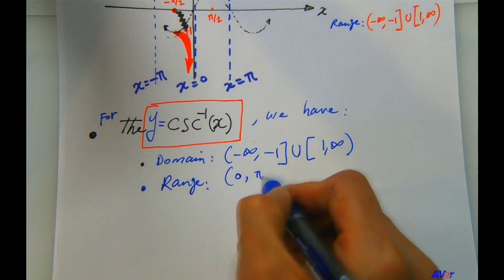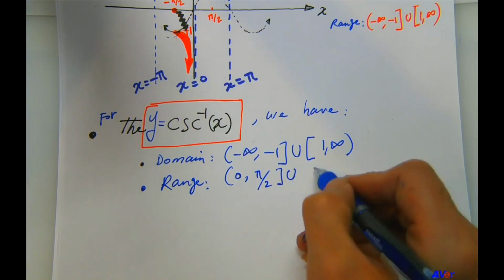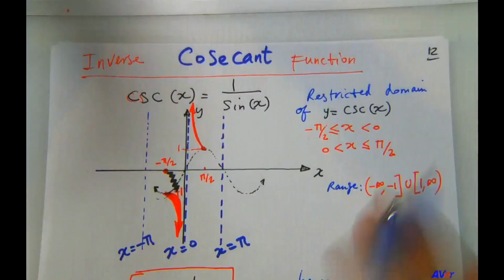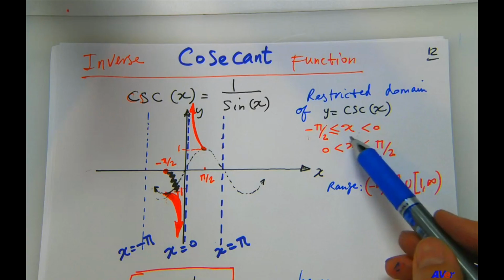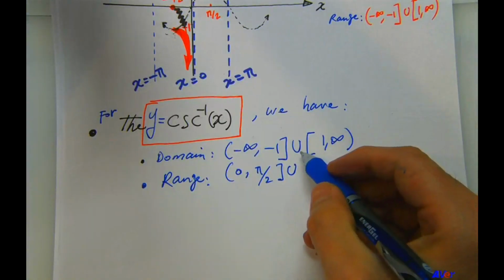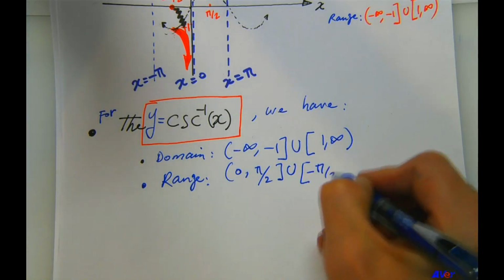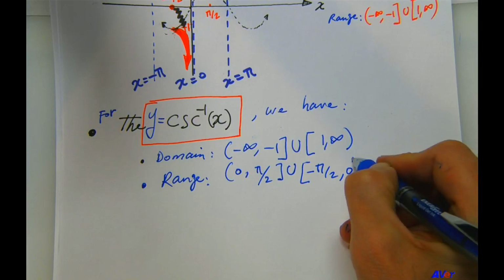So 0 to pi over 2 union, so 0 to pi over 2 and negative pi over 2 to 0. Maybe I should have bracket negative pi over 2 comma 0, like that.